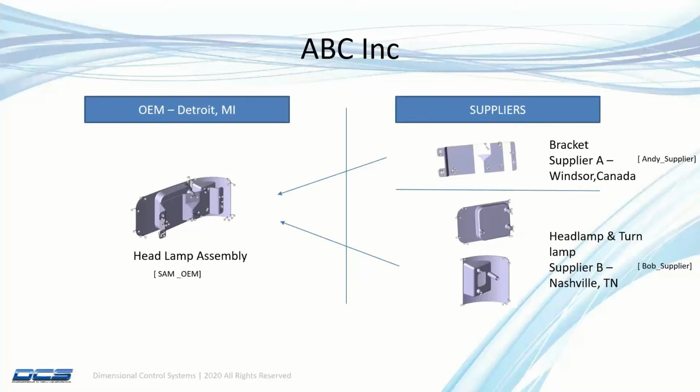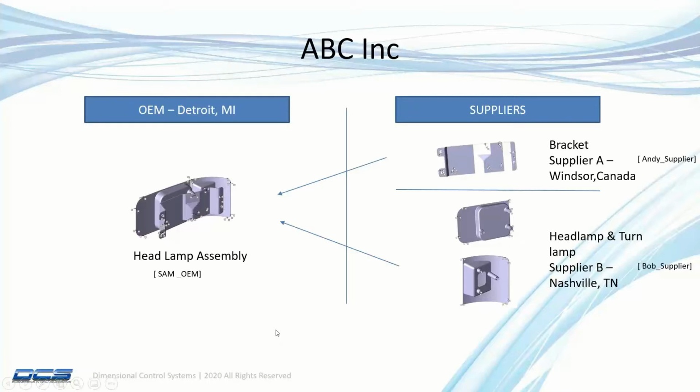So we registered three users on the system: Sam from the OEM side, Andy from supplier A, and Bob from supplier B. As we progress through the presentation and everybody logs in, you will see how their data is so compartmentalized that they can't see anybody else's data. That is very critical when you have a central system with an OEM and hundreds of suppliers. The data integrity and data demarcations need to be maintained, and that's built into QDM Web.